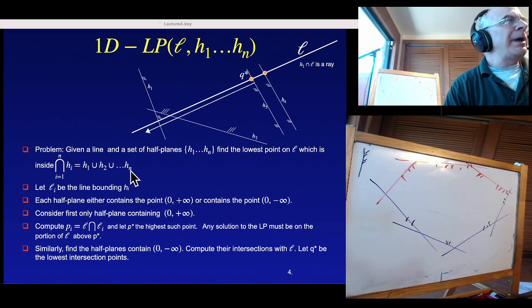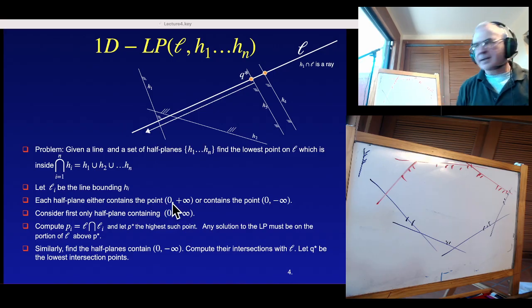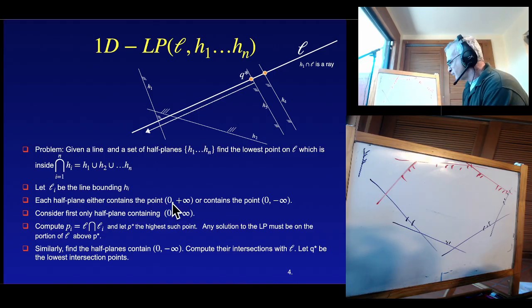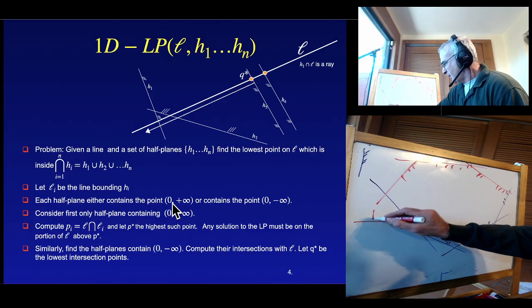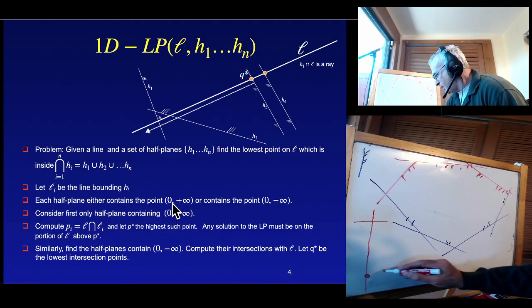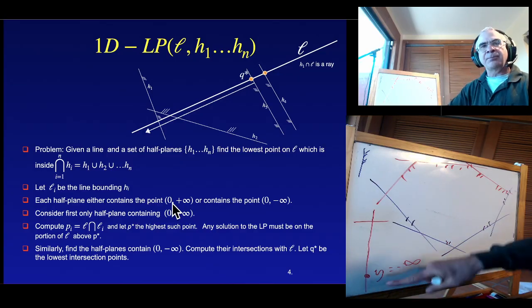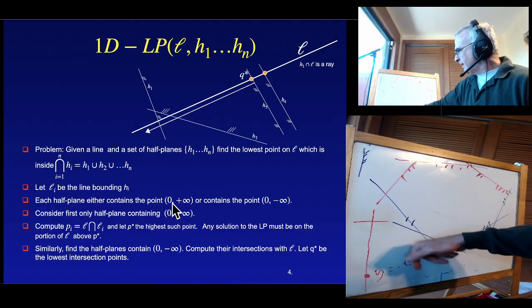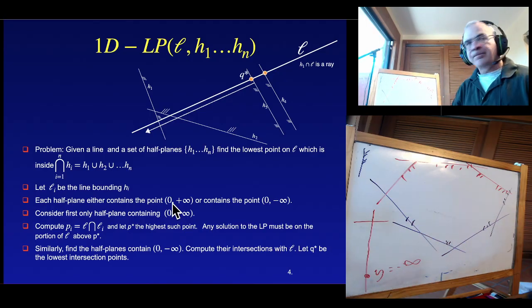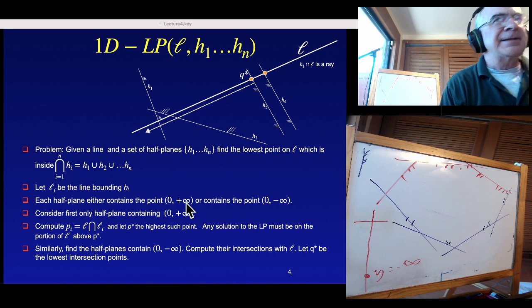Formally, the ones that look downward contain the point x equals 0, y equals minus infinity. That's the red set. Each one of them contains this point that is way, way down. If you go low enough, you'll be inside each one of the red half planes, and the other ones contain the point 0 and plus infinity.